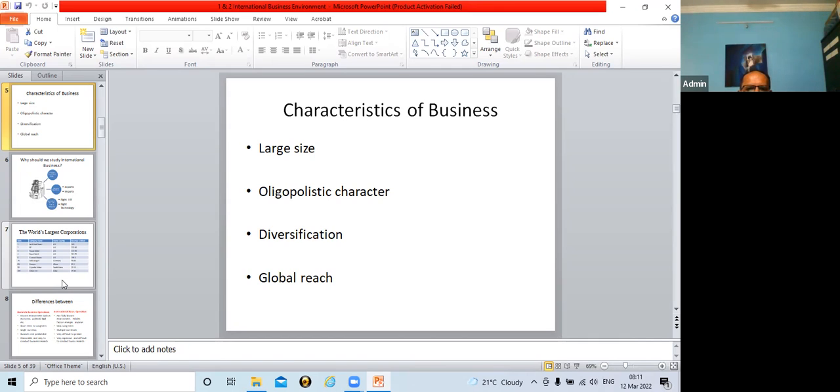We know there are hardly 25 to 50 companies in the automobile industry. We cannot say there are thousands and lakhs of companies in automobile. Can we say like that? In India, are there thousands and lakhs of automobile companies?